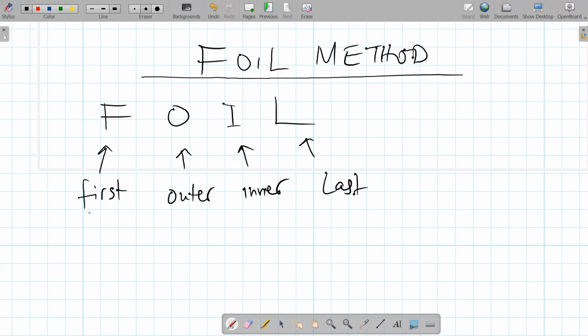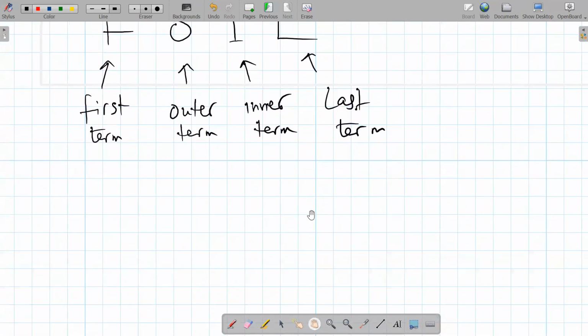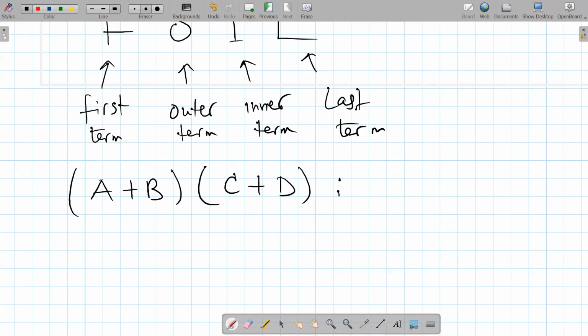Basically, the first term, outer term, inner term, and then the last term. So if I have a typical example like A plus B times C plus D, we have to apply the FOIL method.